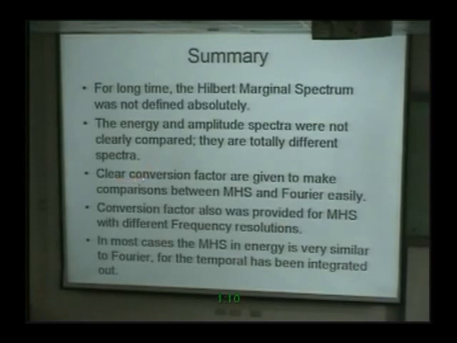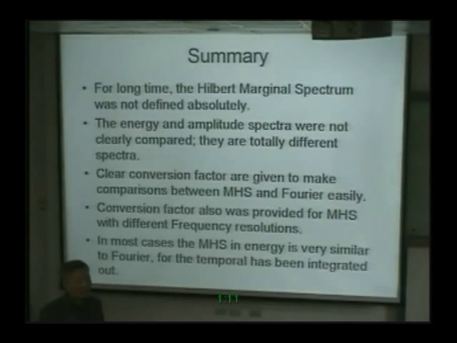The clear conversion factors are given to make a comparison between marginal Hilbert spectrum and Fourier spectrum. So once we work out the conversion factors, then you'll still be able to do it. In fact, even after I work this out, this has not been part of my system yet.